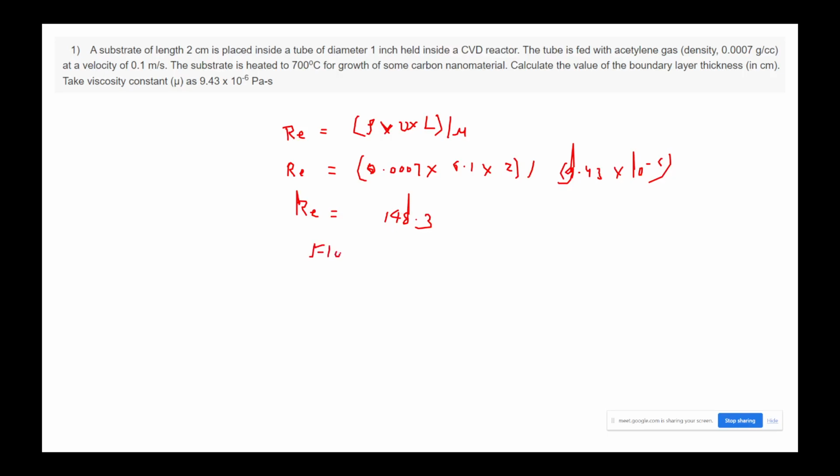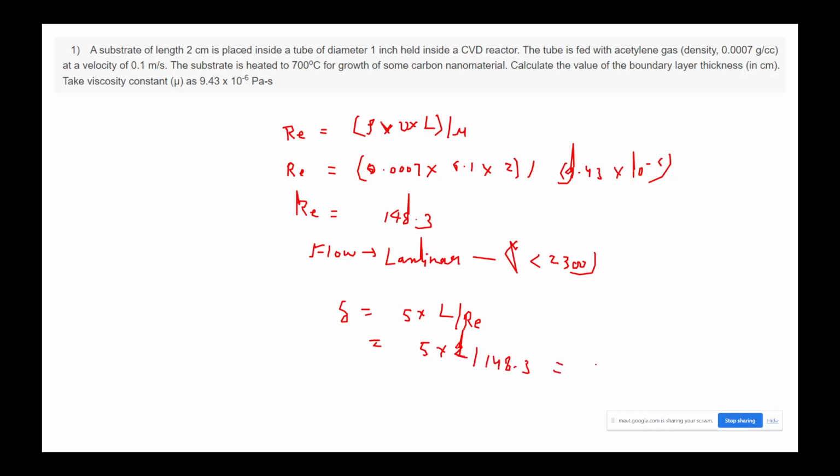So the flow will be laminar, because it is less than 2300. In laminar flow, the boundary layer thickness can be approximated using the formula: boundary layer thickness equals 5 into L upon the square root of Reynolds number. L is given as 2, divided by the square root of 148.3.